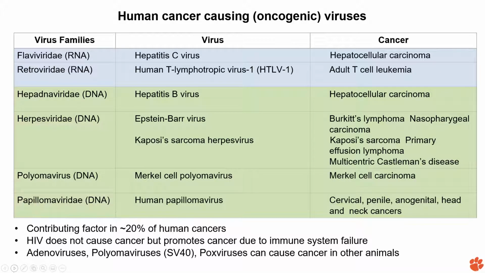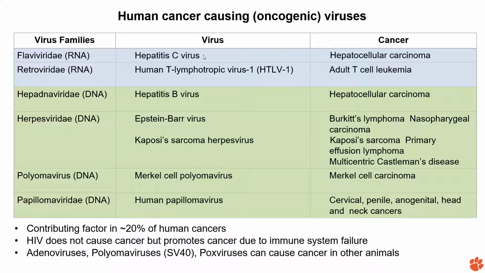All right, so here is a long list of different types of oncogenic viruses. Here we have the hepatitis C virus. We're not going to discuss it in detail because the mechanism is still being worked out. Usually in this process, they hamper the signal transduction pathway or the apoptotic pathway, so they don't allow these cells to die even when they want to die because of the viral infection.